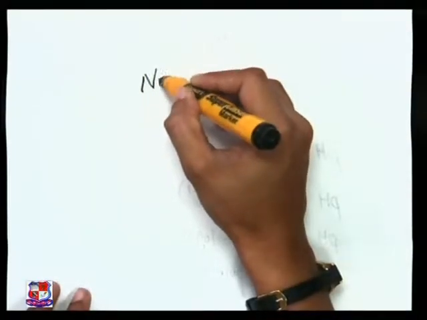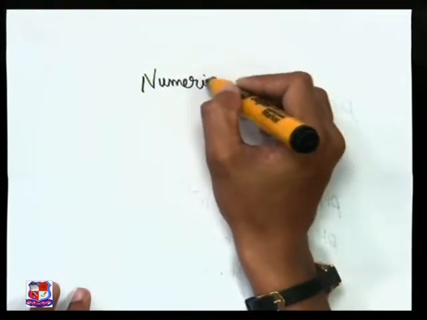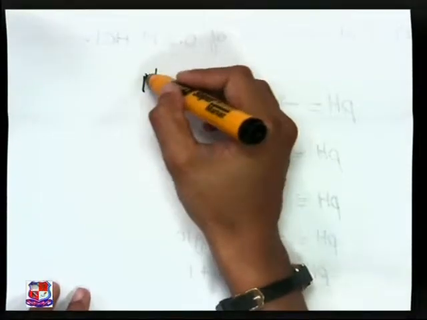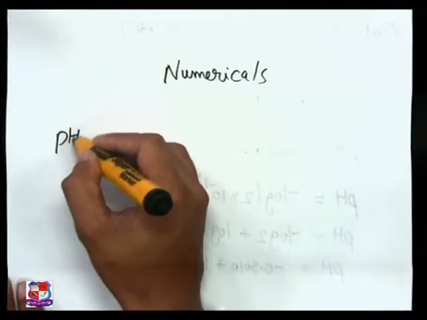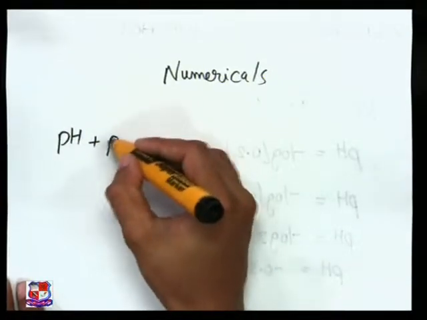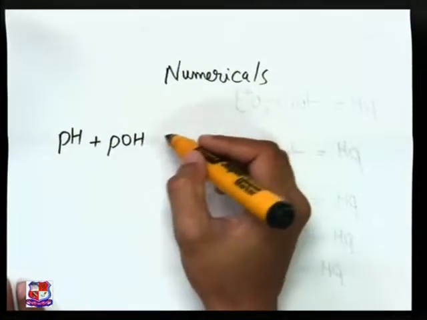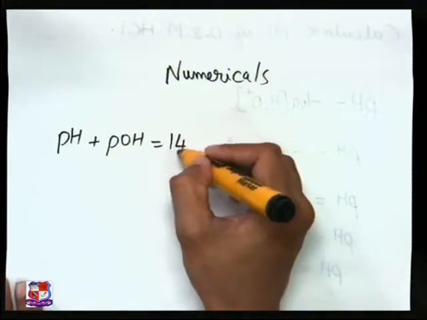Now suppose I tell you the basic formulas on which the numericals are going to rule. To solve numericals, always remember these basic formulas. The first is pH plus pOH equal to 14.